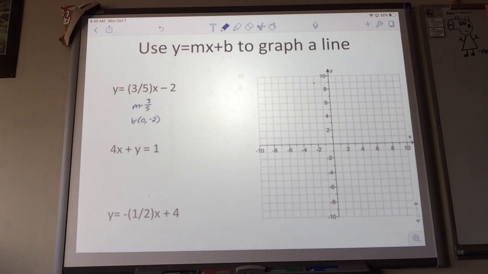So we're going to start at 0, -2, that goes here. And then rise over run, we're going to rise 3 and run 5. There's their second point. So your line is just like this.